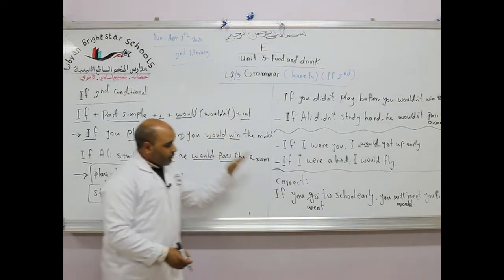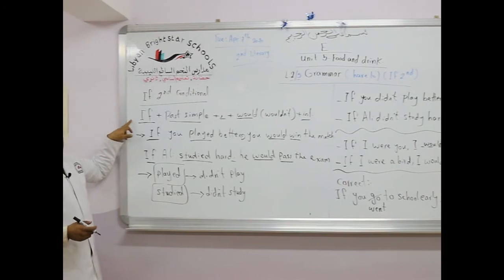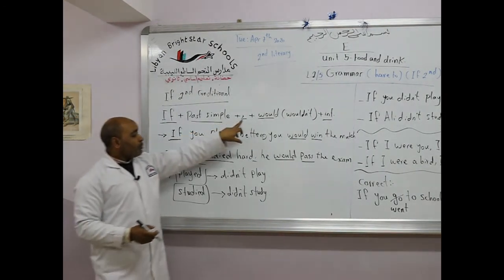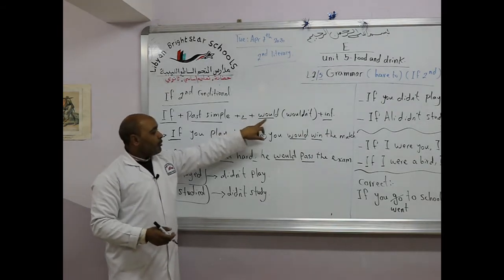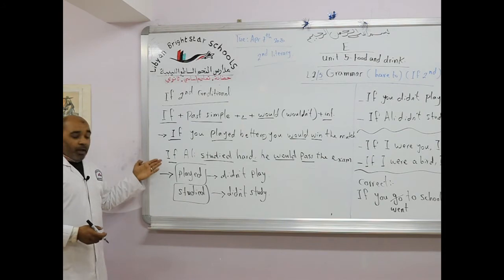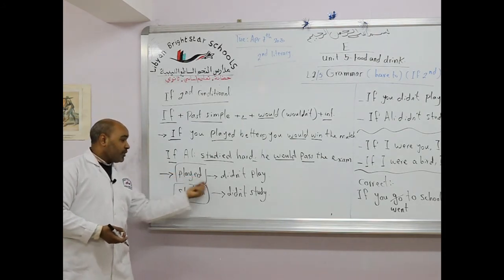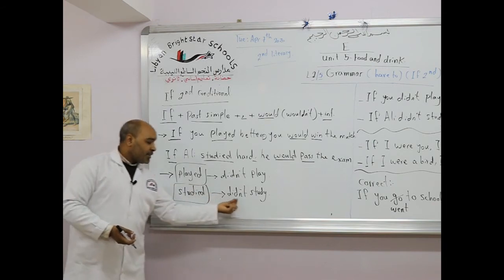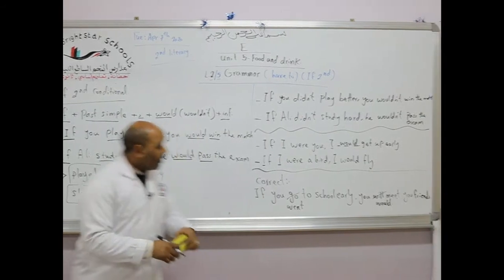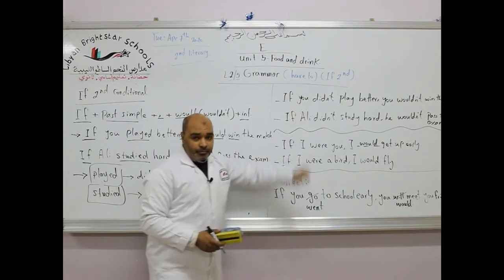Again, the second conditional is formed by if plus past simple, comma, would or wouldn't plus infinitive or the main verb. In negative, we say didn't play, didn't study.